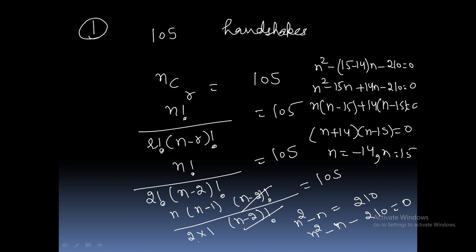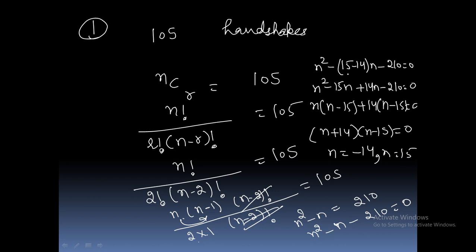When we solve this equation, n factorial over n minus 2 factorial times 2 factorial, the factorial cancels, and when we multiply, n square minus n equals 105 multiplied by 2, that is 210. n square minus n minus 210 is equal to 0.